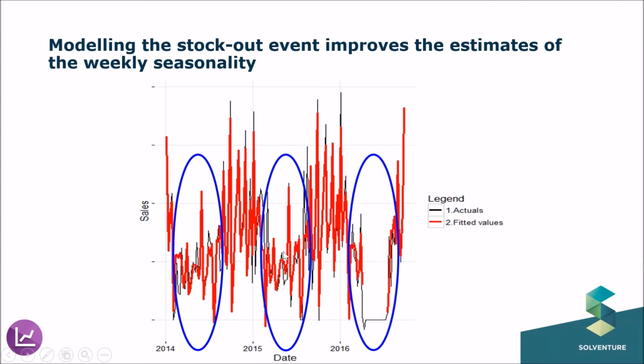If I model it as an event, I can see that my forecast is now more in line with my actual sales. Our forecast is still not perfect. Later on in this webinar, we will try to further improve our forecast by also taking a look at price, but that's really the last case I want to take a look at.